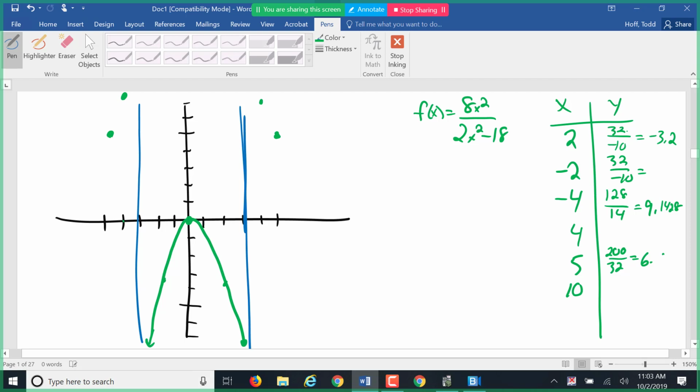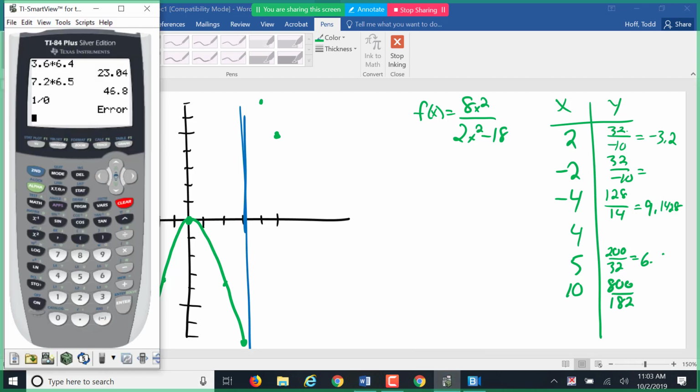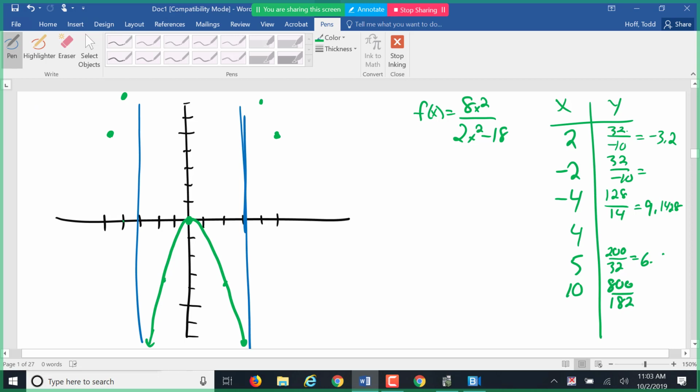Let's get this over with. 10 squared is 100 times 8 is 800. 100 times 2 is 200 minus 18 is 182. 800 divided by 182 is 4.4. So out here at 10, we're down at 4. So we're getting this curve going something like that. Same over here.